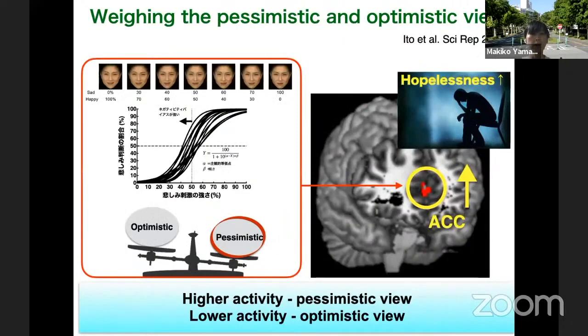And we have found that when subjects perceive the ambiguous face pessimistically, or perceive this ambiguous face as sad, ACC activation is increased.